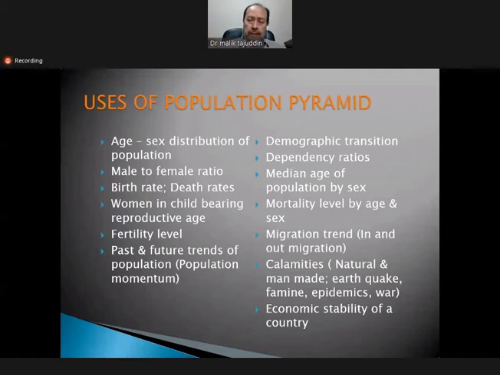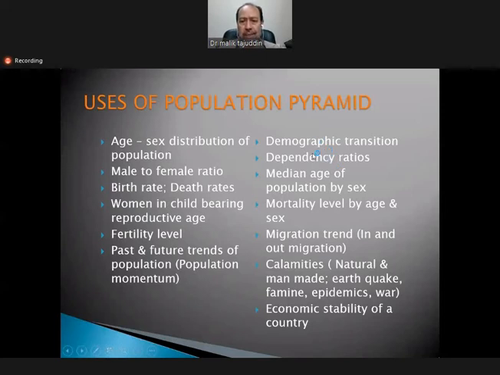In the first stage, the population is not increasing because the birth rate is high, but the death rate is also high. In the fourth stage, the death rates are low and the birth rates are low as well. So the population is not increasing, but in between the two, the population is increasing in the second stage with great momentum, and in the third stage with slightly lesser momentum. We will discuss it in the further slides with diagrams.